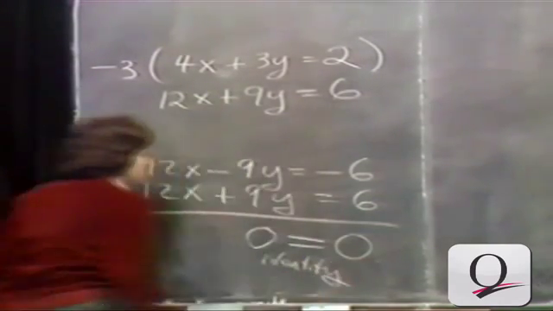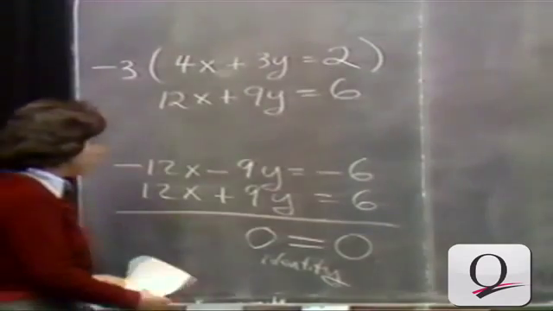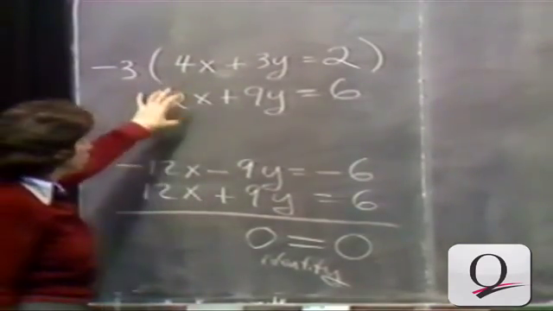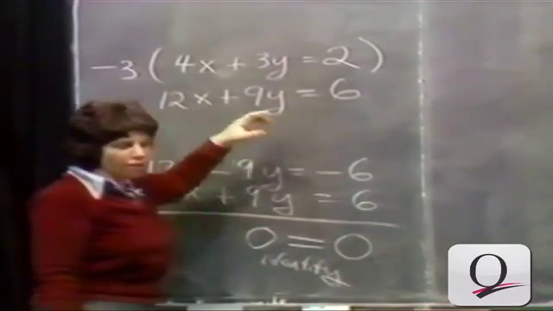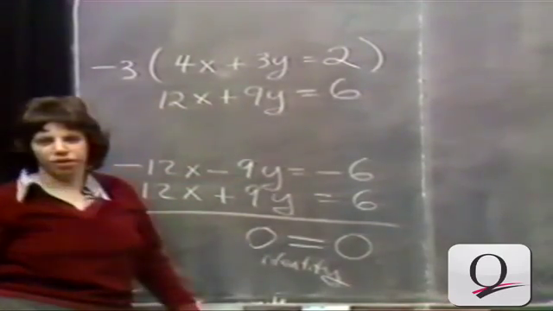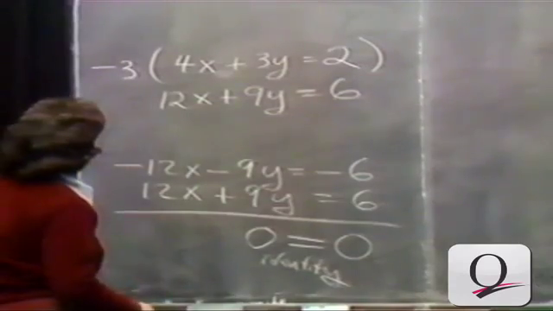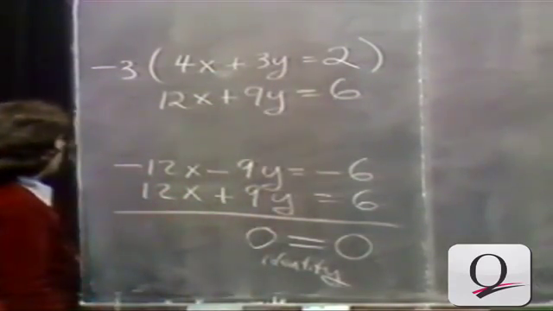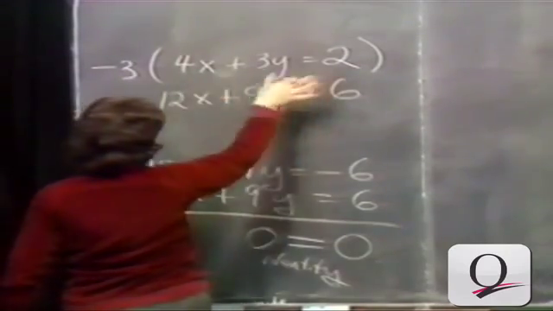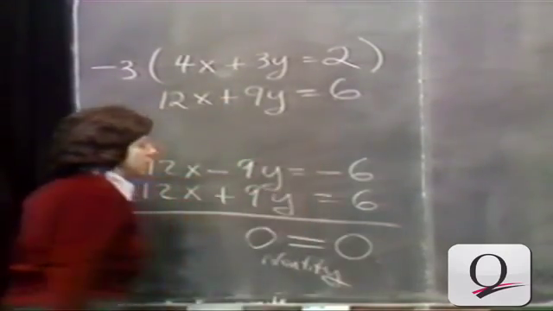And this implies that there are an infinite number of solutions to the system of equations. This line and this line, if you were to graph them, are really the same line. They're coincident. If you notice, the second equation happens to be a multiple of the first. If you multiply the first equation by plus 3, we get exactly the second equation.